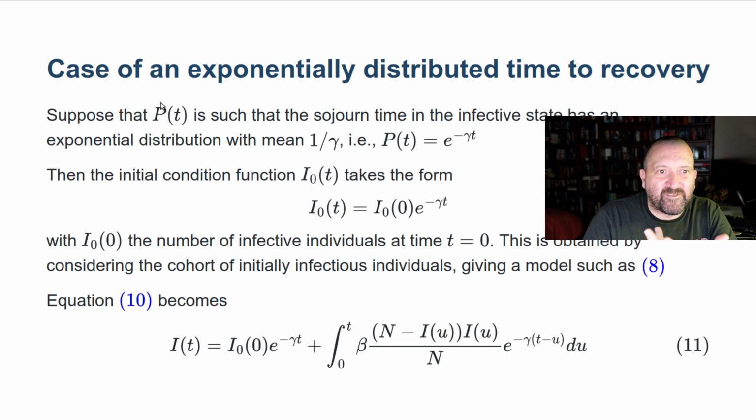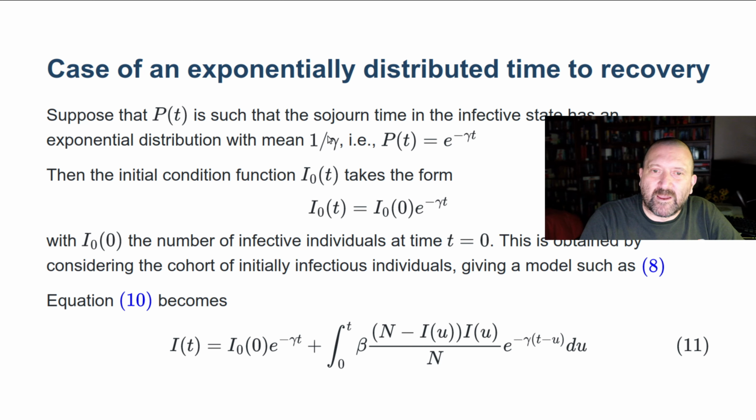Let me start by supposing that the time is exponentially distributed, therefore the survival function takes this form. I'm going to assume that the time that you spend in I has an exponential distribution with parameter gamma.